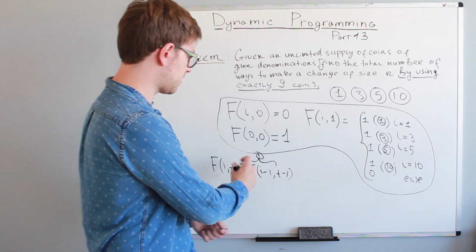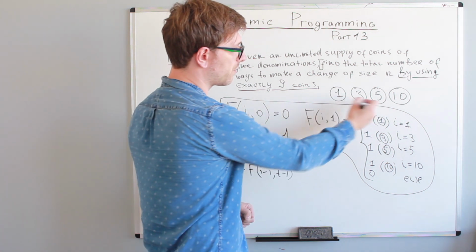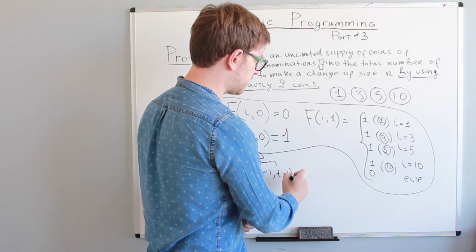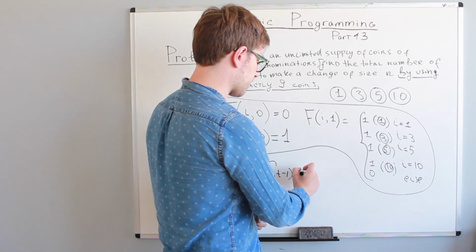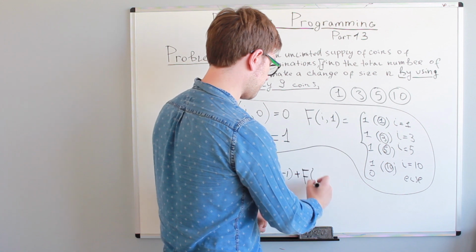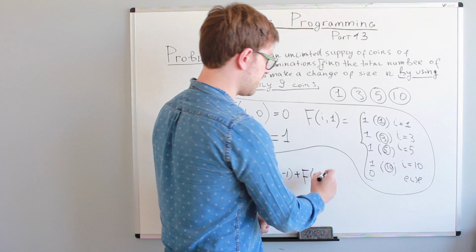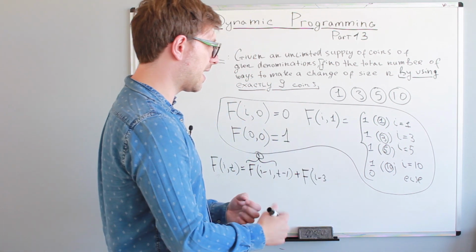And this is when we start from 1. We also have to consider other use cases for 3, 5, and 10. So plus f of I minus 3. If we return 3 cents, we still have to return I minus 3 cents.